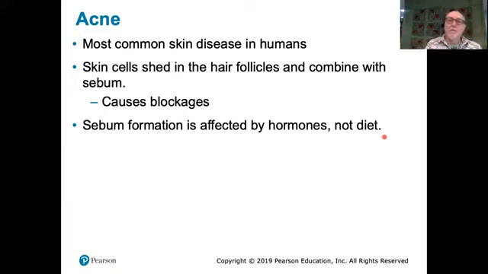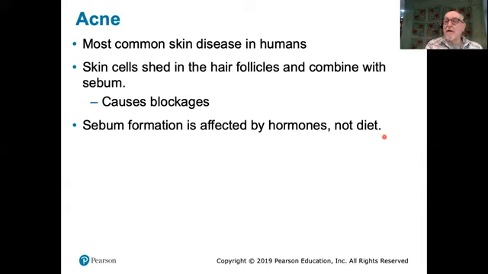However, under hormonal influence, we can begin to not only produce more sebum than is normal, but the quality of the sebum also changes. And it causes blockage of the hair follicles, and a plug of the sebum and of skin cells can form at the mouth of the follicle and block it completely.